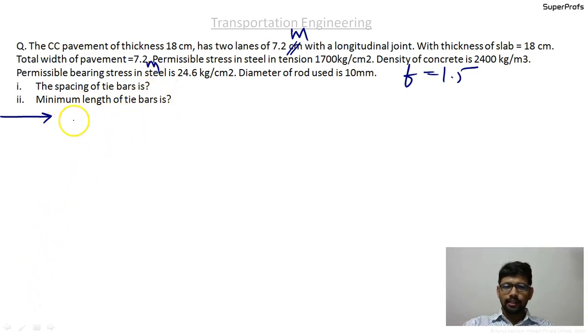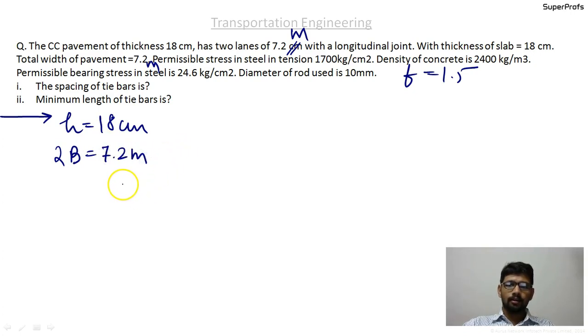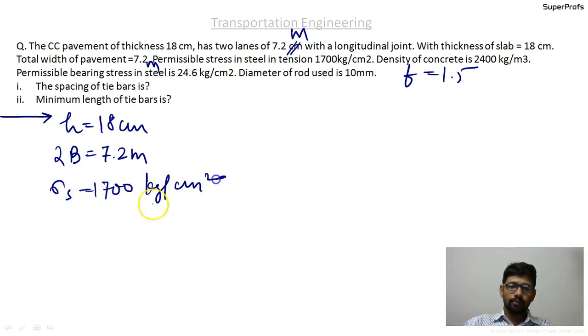So let's write down the data: the CC pavement has a thickness of 18 centimeter and two lanes of total width 7.2 meters. So 2b is equal to 7.2 meters, and thickness of slab H is equal to 18 centimeter. Permissible stress in steel is 1700 kg per centimeter square.